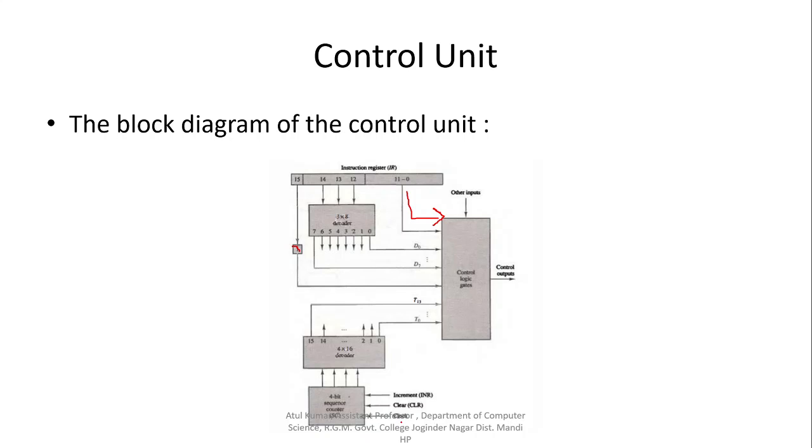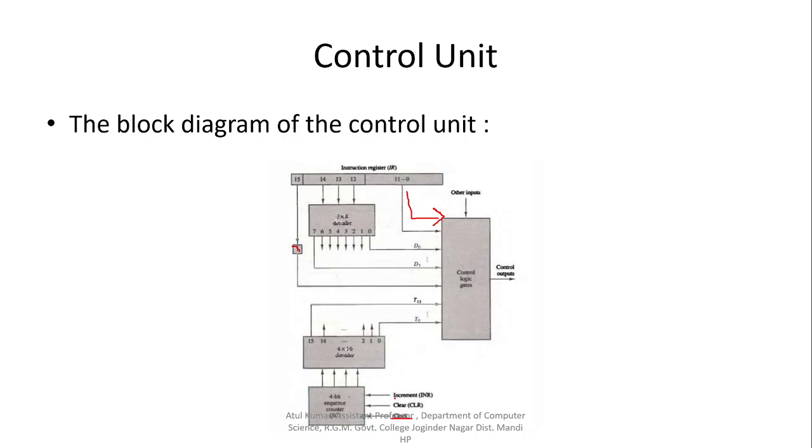It also has a clear input, a clock, and an increment. So the sequence counter is incremented one by one. Firstly it produces an output 0, then the sequence counter is incremented and it produces an output of 1, then an output of 2 and so on.